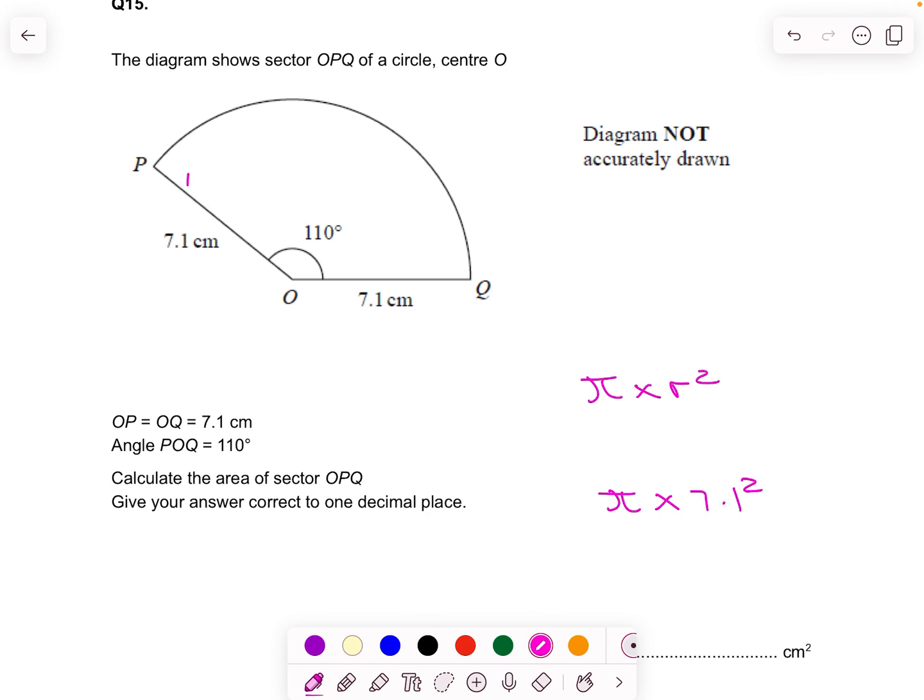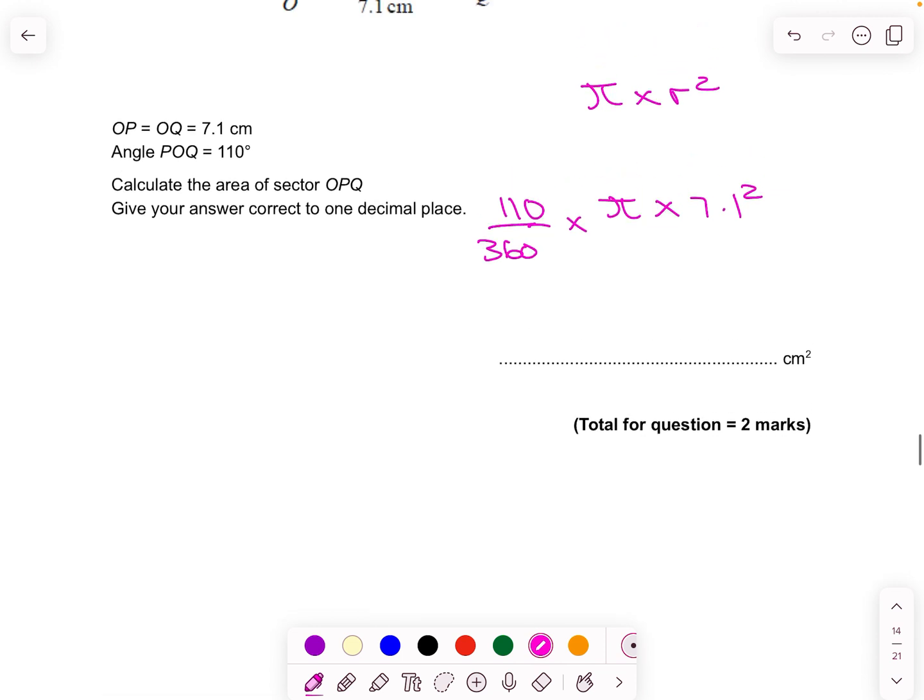But I only want a fraction of it. I don't want the whole thing because it's only a section of the circle. So I'm going to times it by 110 out of 360 degrees. And so when I do that on my calculator, I end up with 48.4. And that's it for that one.